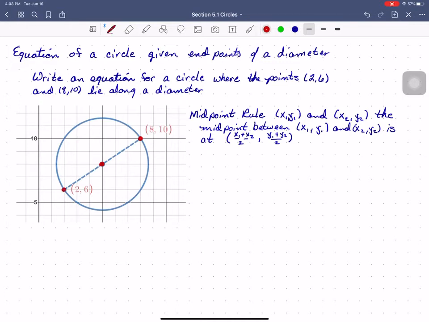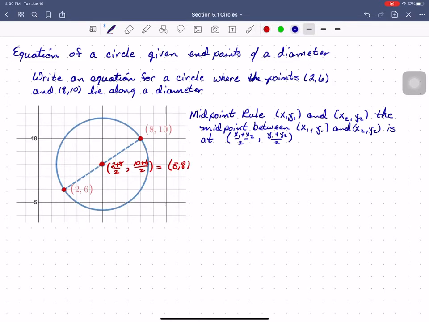So what does that mean? Well, it means I can now find my center. My center of my circle is at the point (2 plus 8 divided by 2, 10 plus 6 divided by 2), which is (5, 8).